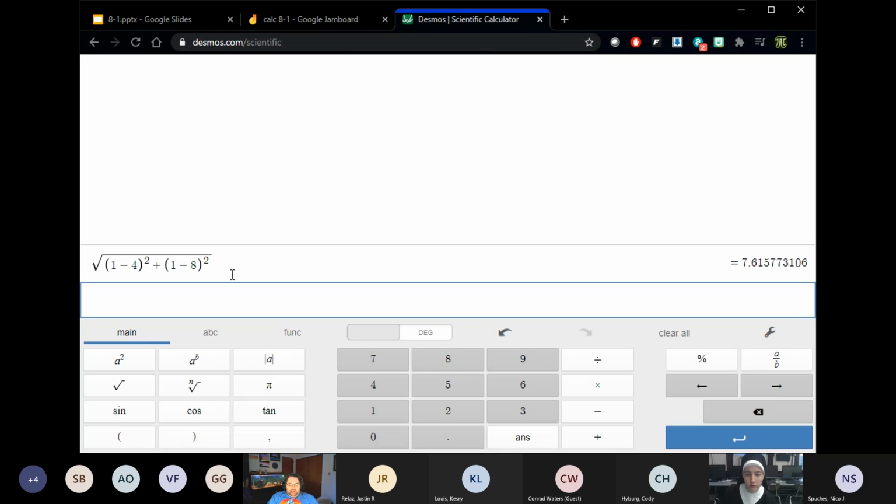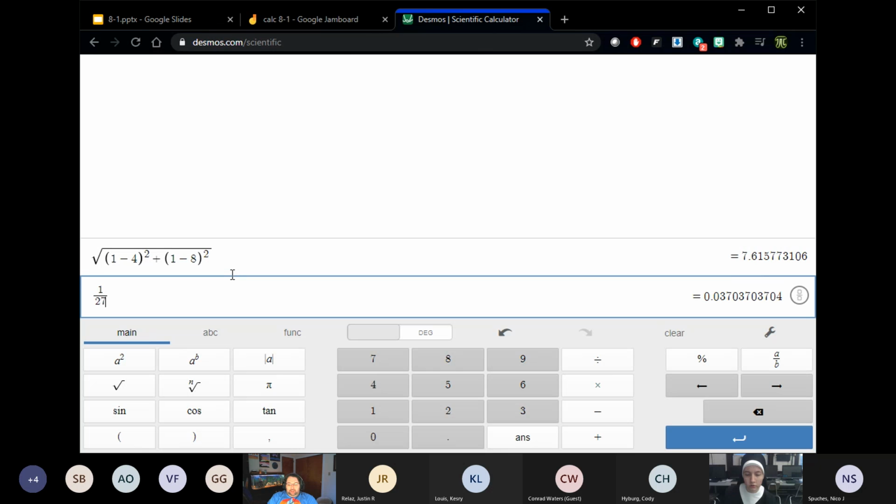And if we did what we just got, the answers do come out to be pretty similar in values.